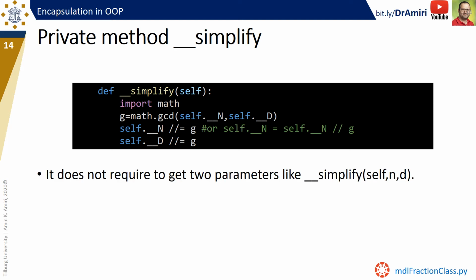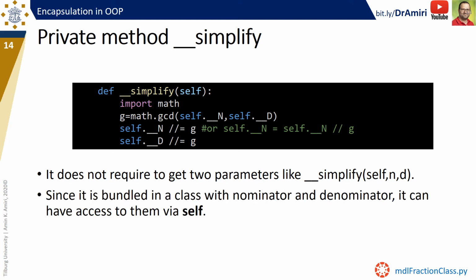And that's because it doesn't require those two parameters of n and d. The reason is that it already has access to them through self. We learned that a class is a bundle of variables and methods. So the private simplify function can already have access to private n and private d using the self variable.